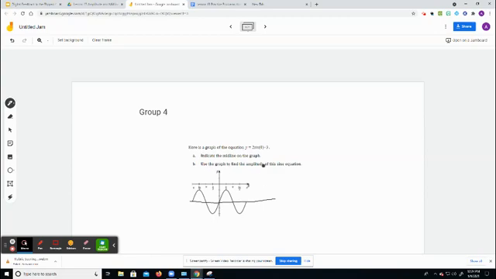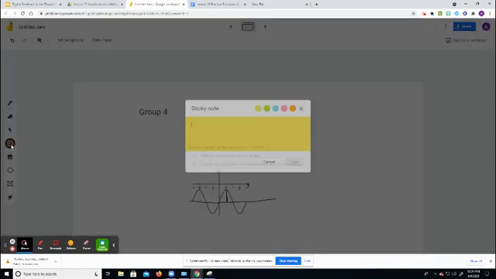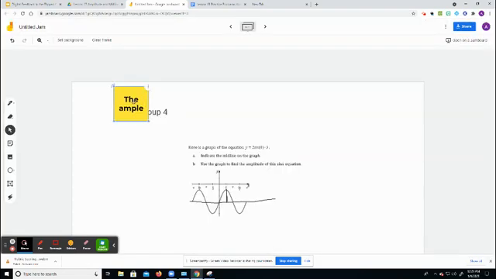And they also could find the amplitude of this equation, or how large the wave is from the midline. So they could draw in the amplitude and discuss what the value is. They can each put in sticky notes. So they could write down the amplitude is blank and share that with each other. So when they do that, and I didn't finish that, but each student can write that in there.